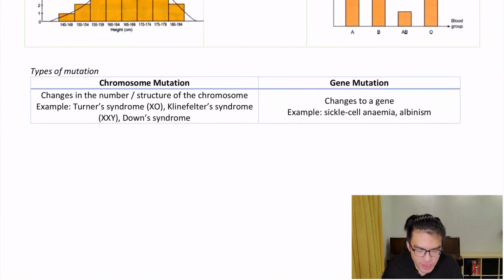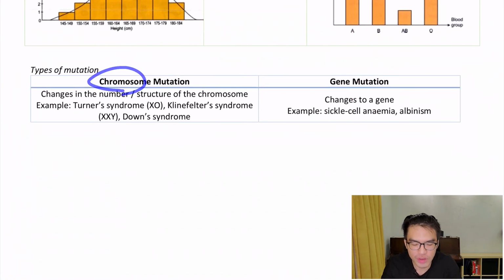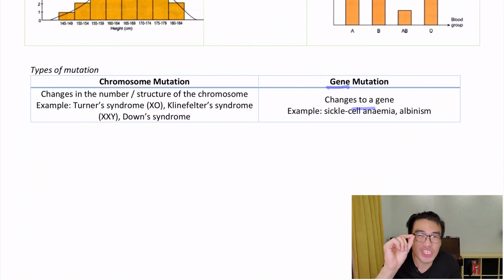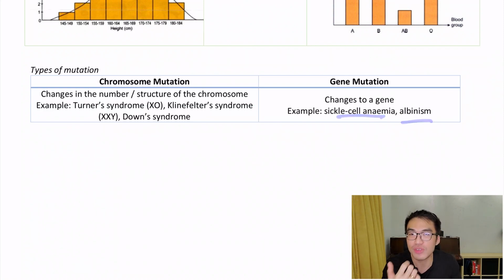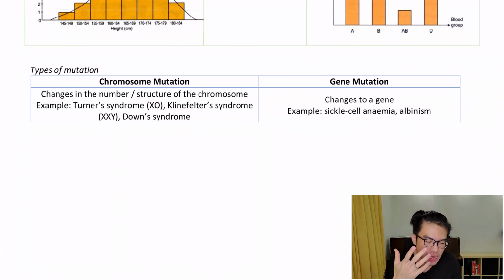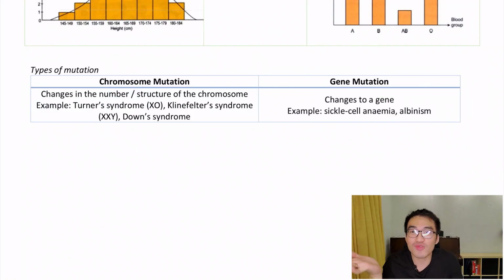Okay, so type of mutation: you have chromosomal mutation, which is a very serious mutation, and gene mutation, which is a less serious mutation. Gene mutation is when you have a gene at fault, which causes things like sickle cell anemia and albinism. Your color blindness and hemophilia are also gene mutations. You will be normal, it's just that you have certain problems. But chromosomal mutation is not so simple, because you have one whole chromosome missing or one extra chromosome.